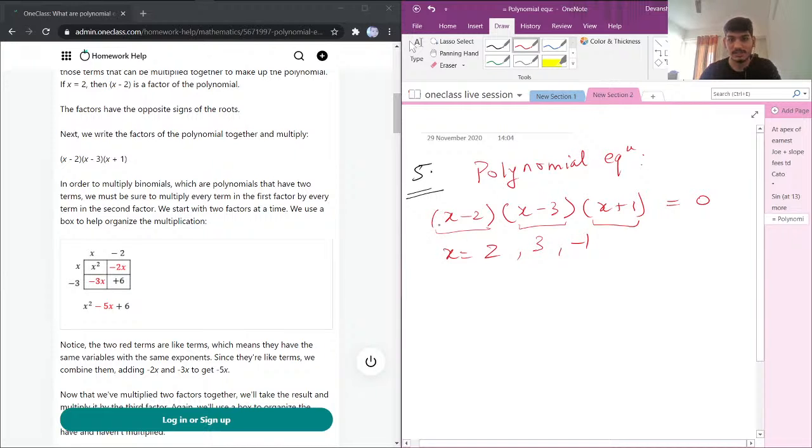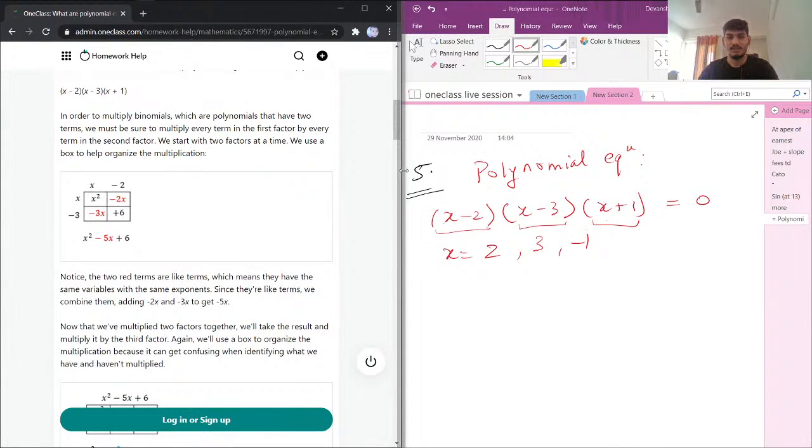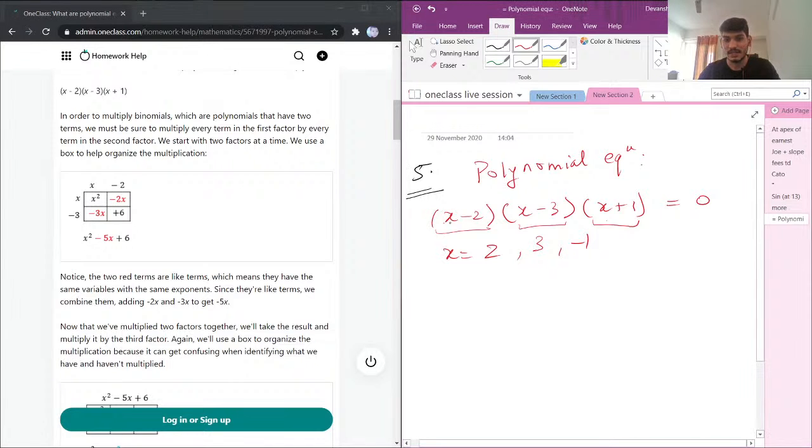And if this is an equation, to get the highest order, I'm not going to solve it fully, I have a good trick. I'll just multiply x with this x and x squared with this x. So I will get x cubed, and then I don't need to worry about all the other terms. With this I can tell that the equation we will get will be a third degree equation.